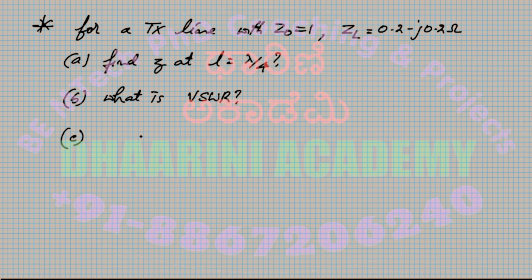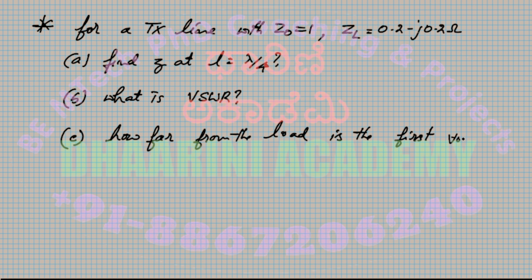Part C of the question is: how far from the load is the first voltage minimum and the first current minimum?